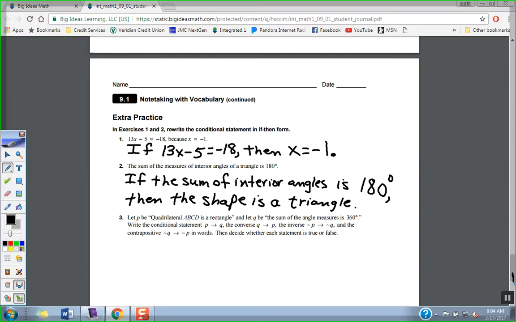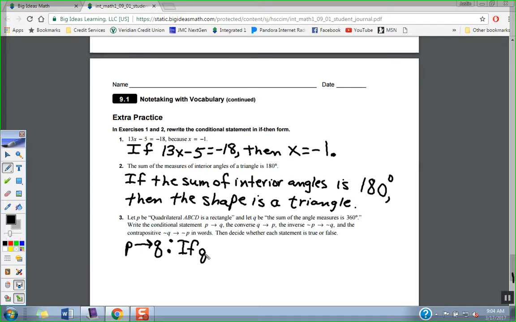This is going to be pretty important. Let's first of all get the original statement written down. We're going to pick this up here on Monday. So the original statement, P implies Q. We're going to put this down just like this. I would say if what first, kids? If P. What does P represent? Read it, guys. Quadrilateral ABCD is a rectangle.